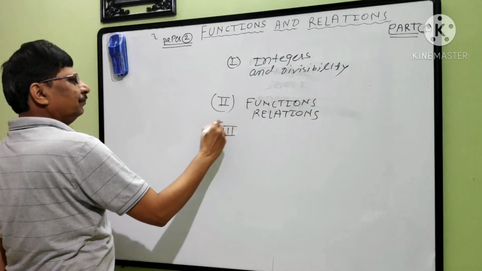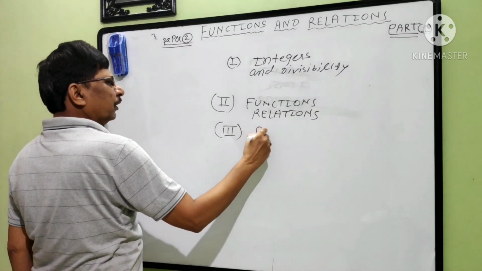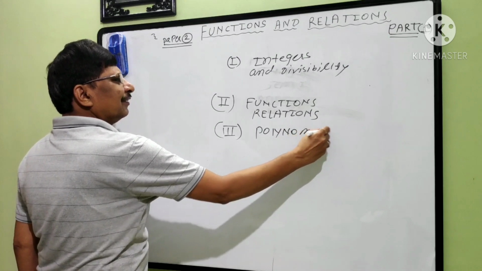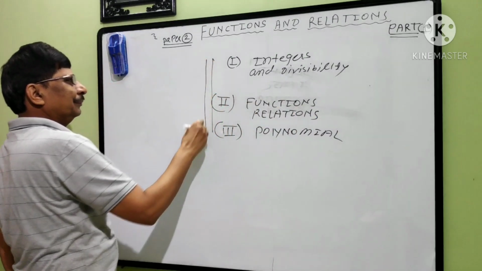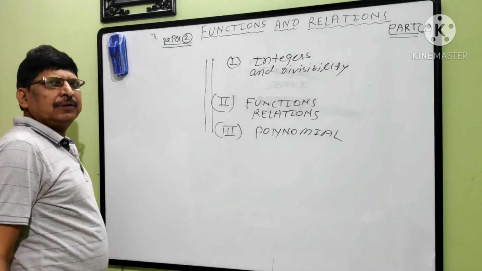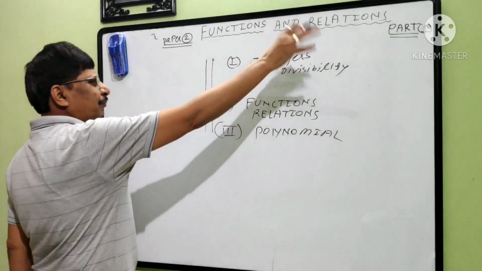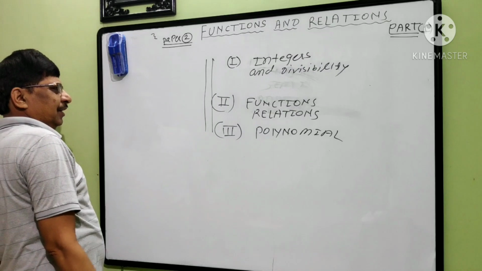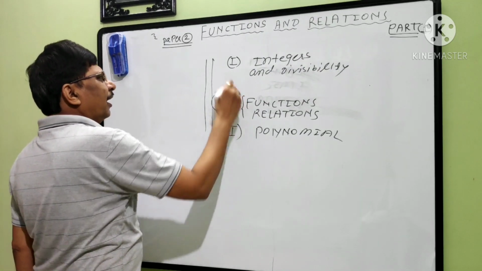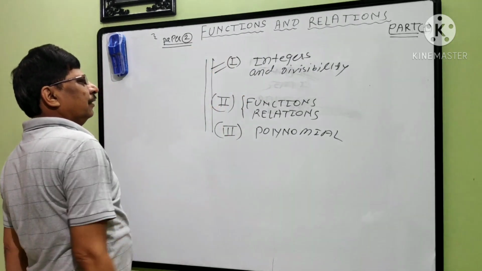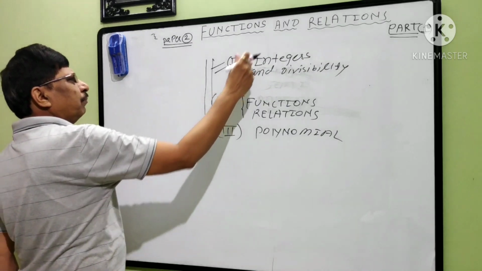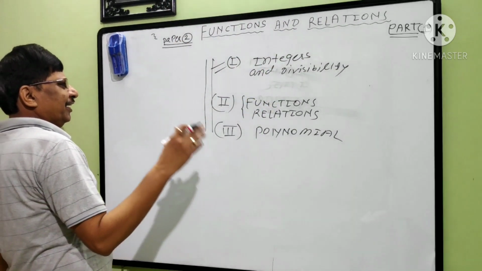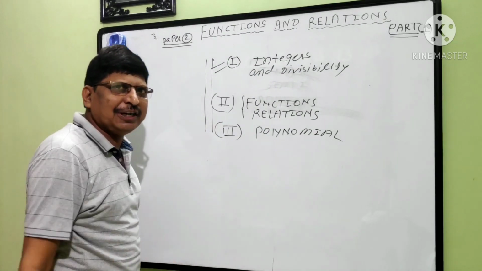And third is polynomial. These are the 3 main units of your syllabus. Actually there are subtopics in integers and divisibility, but these are the 3 main units.